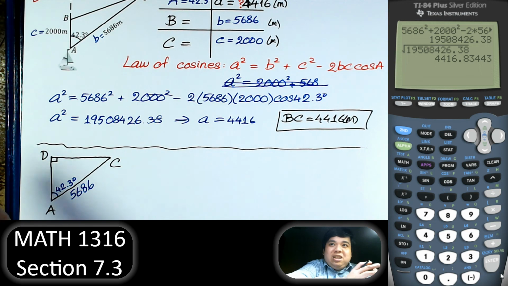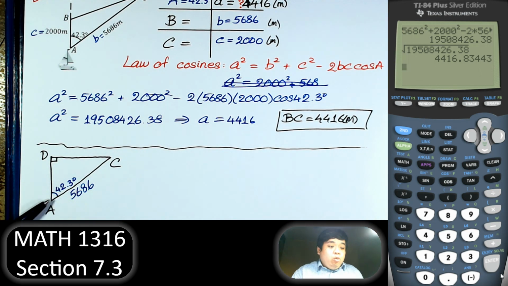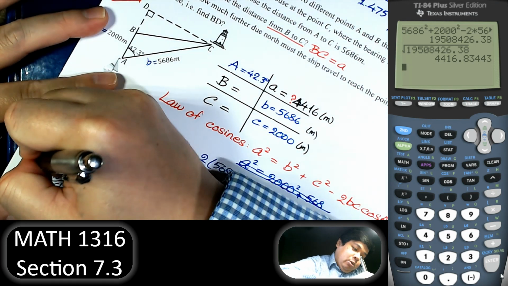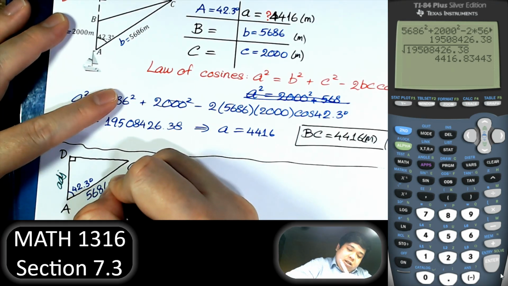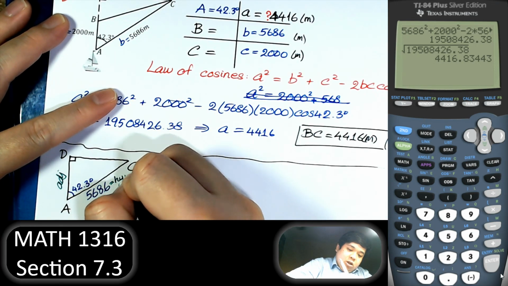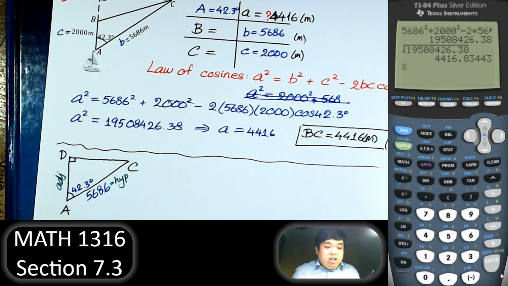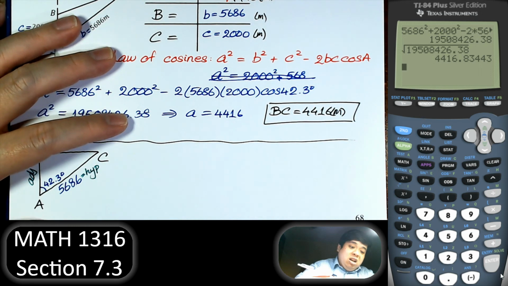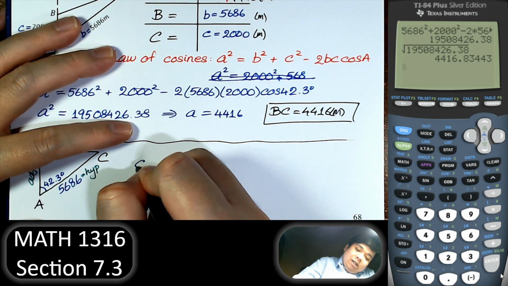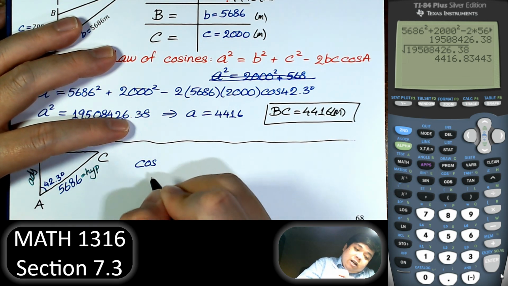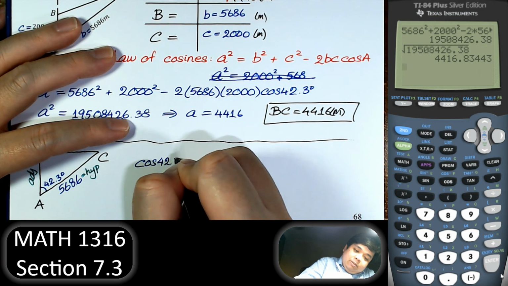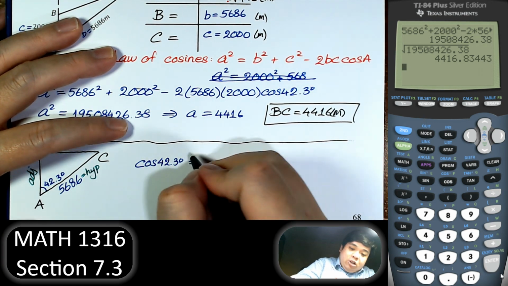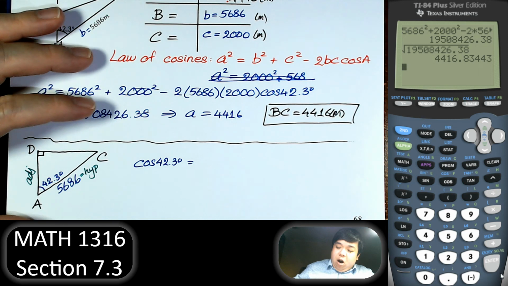We just use basic trigonometry, because with respect to that angle, this is going to be adjacent to it, and this is the hypotenuse. So whatever ratio has adjacent and hypotenuse, we can use that. So it's either cosine or secant, but let's use cosine. So cosine of 42.3 degrees equal to adjacent over hypotenuse.